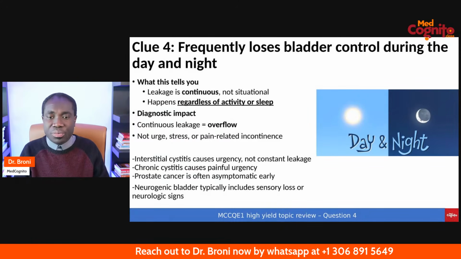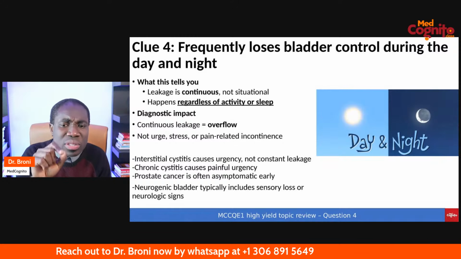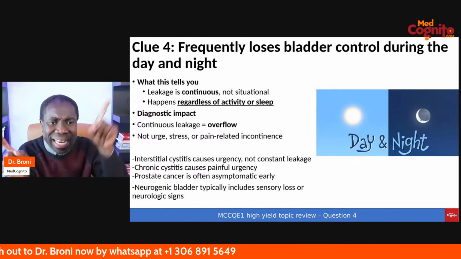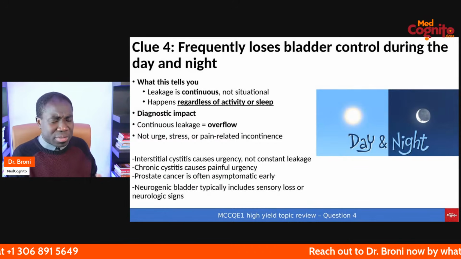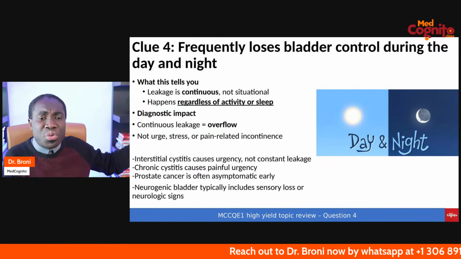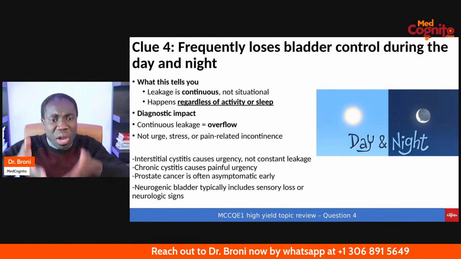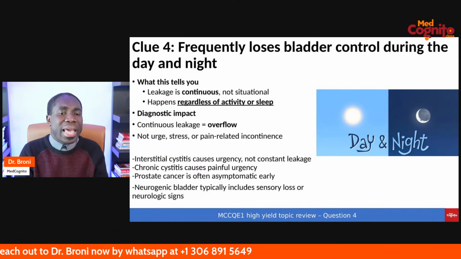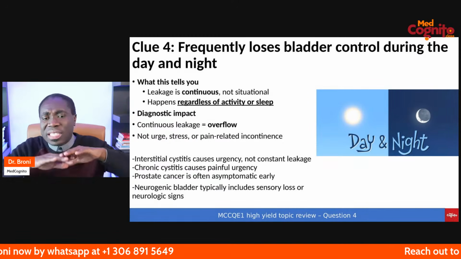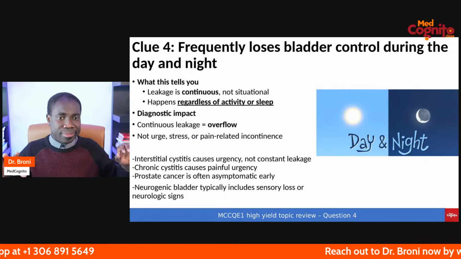Next clue. He frequently loses bladder control during the day and the night. What does this tell me? This tells me that the leakage of urine is constant. Every 2 hours, this guy has to go. It is not situational, and it happens regardless of this gentleman's activity.